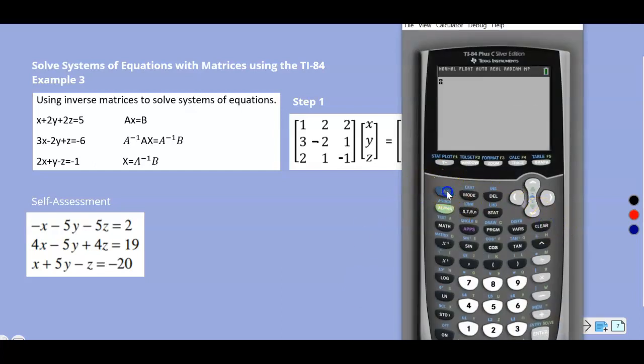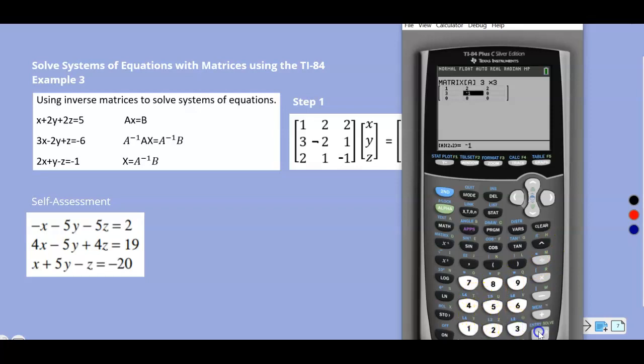I'll go through one more example with you. All right, we're going to edit matrix A. This time matrix A is a 3 by 3, so we're going to change that to a 3 by 3. And then we're going to have 1, and I'm just going to put these numbers in over top of the numbers that were there. You see it goes across the rows and then it comes down to the next row.